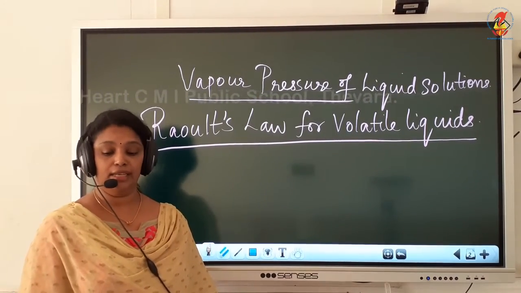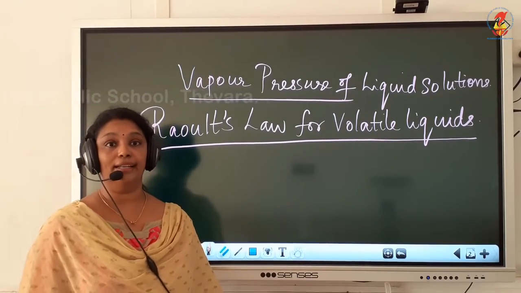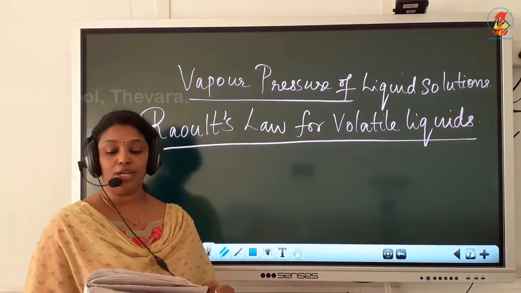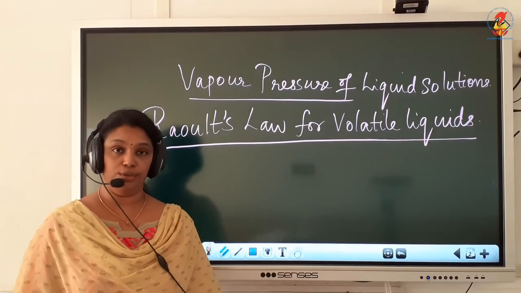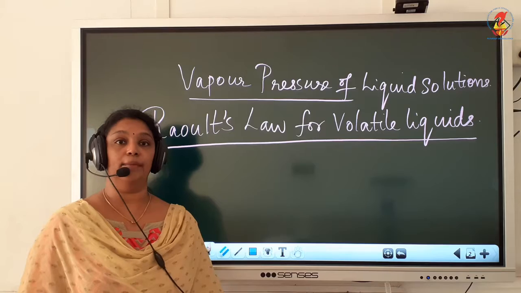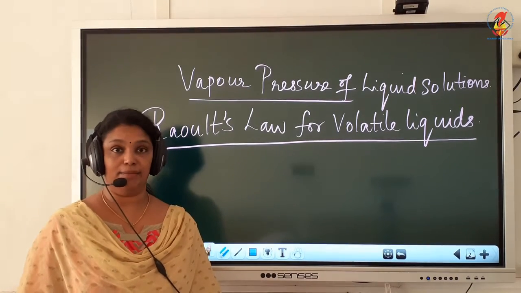This is the statement. According to Raoult's law, for a solution of volatile liquid, the partial vapor pressure of each component in solution is directly proportional to its mole fraction. I'll say the statement again.